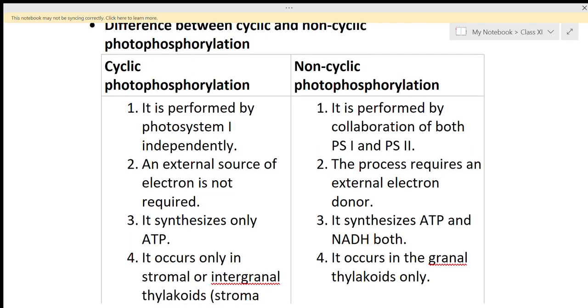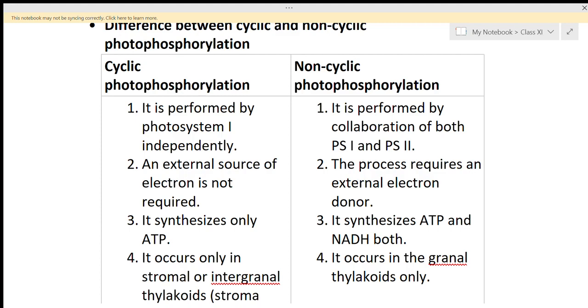In cyclic photophosphorylation, it is performed by photosystem 1 only. In non-cyclic, it is performed by both photosystem 1 and photosystem 2. In the cyclic, no external source of electron is required.